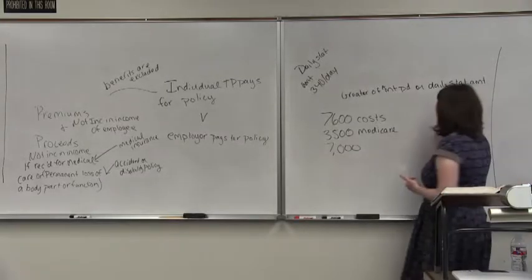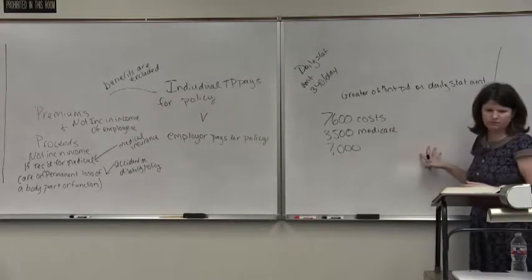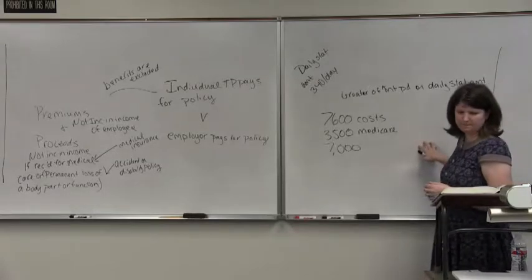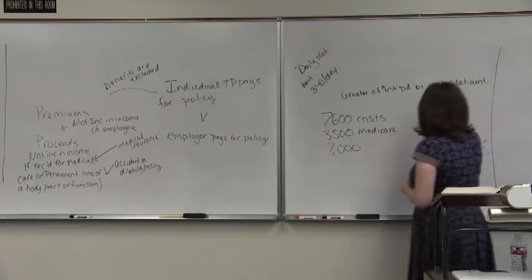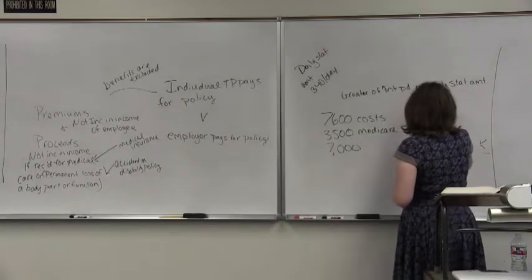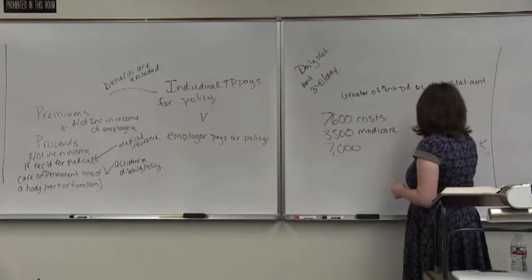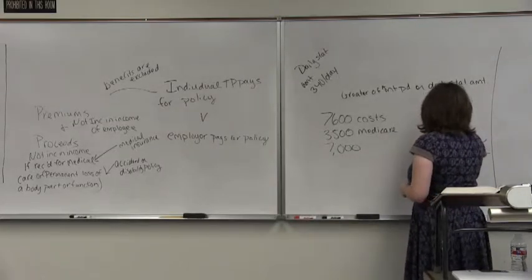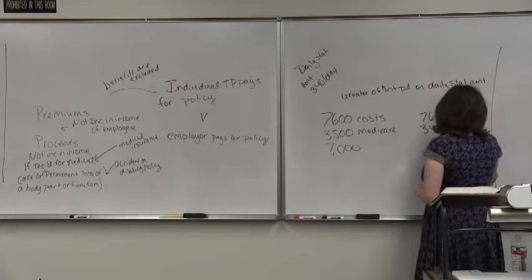Okay? So she gets to consider either, like I said, the greater of the amount paid, which is $7,600, or the daily statutory rate of $340 a day times 30 days, which is $10,200.